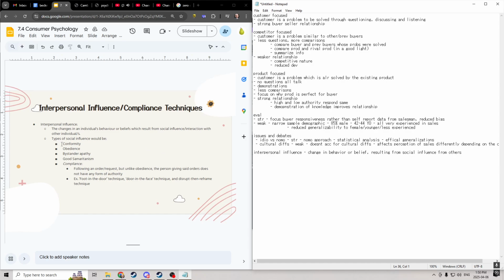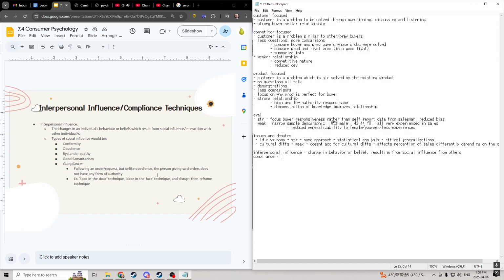So, some examples of this would be conformity, obedience, bystander apathy, good Samaritanism. But what we're looking at now is compliance. So, following an order or request is compliance, right? But unlike obedience, the person giving said orders does not have a form of authority.